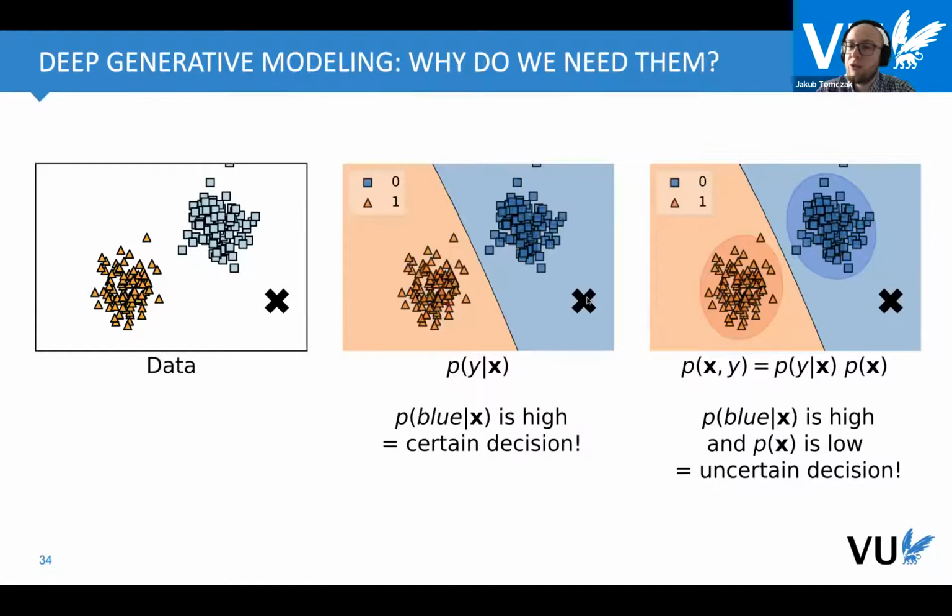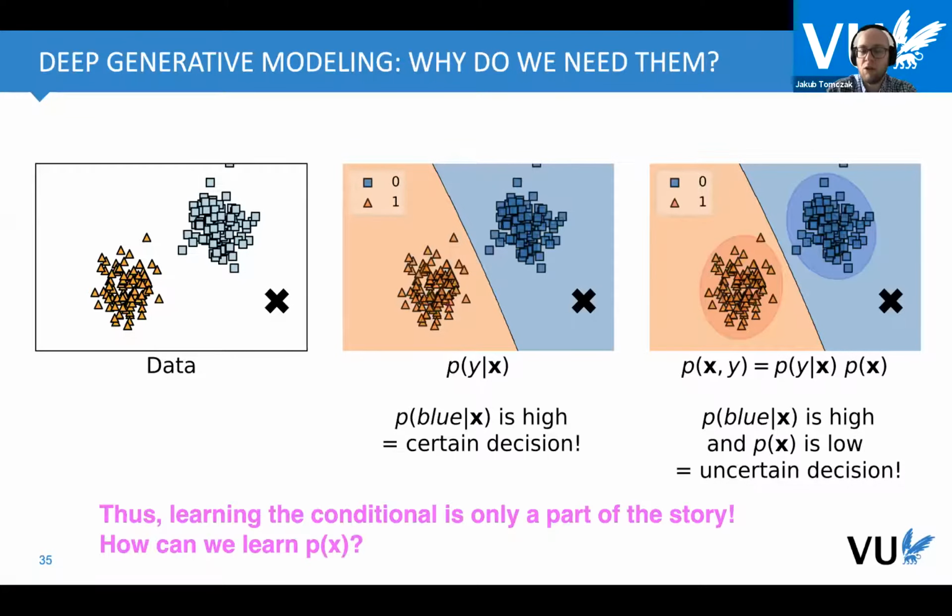It's not consistent with the data we observed so far. That's why the decision altogether, by multiplying these two probabilities, should be low. There's something off, something weird about the state of this world. That's why we need this generative perspective. We need to learn also this P of X, the probability of the world, let's say.